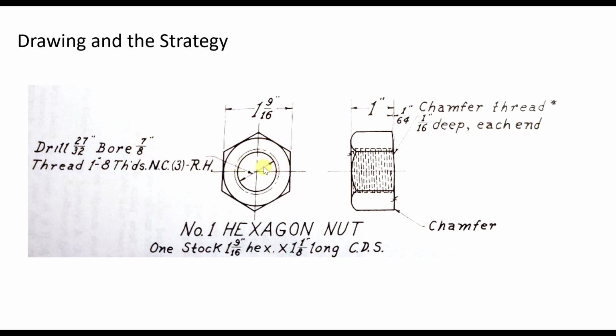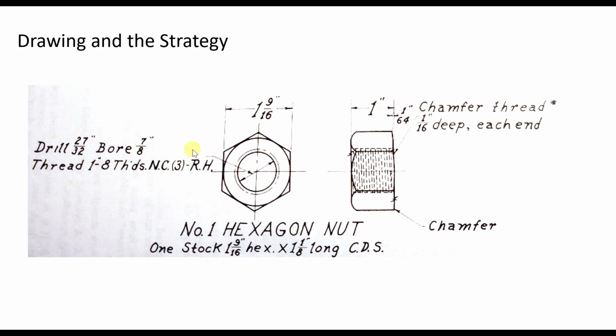This is a right-handed thread, and you can have left-handed versus right-handed thread. There's also a notation up here on how to prepare the hole before threading: drill it with this drill bit, bore it with this boring tool, and then thread it with this tapping tool. So it's a number 1 hexagon knot, and this is a stock size. Again, a lot of notation for manufacturing this, and we're going to use most of these.